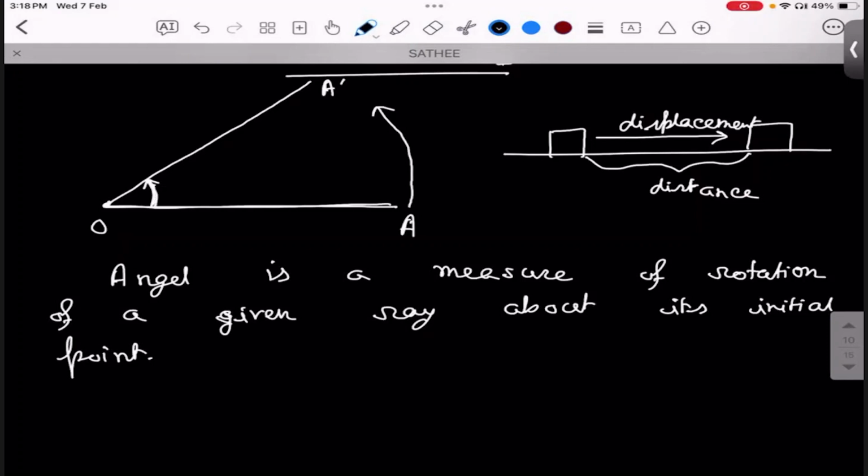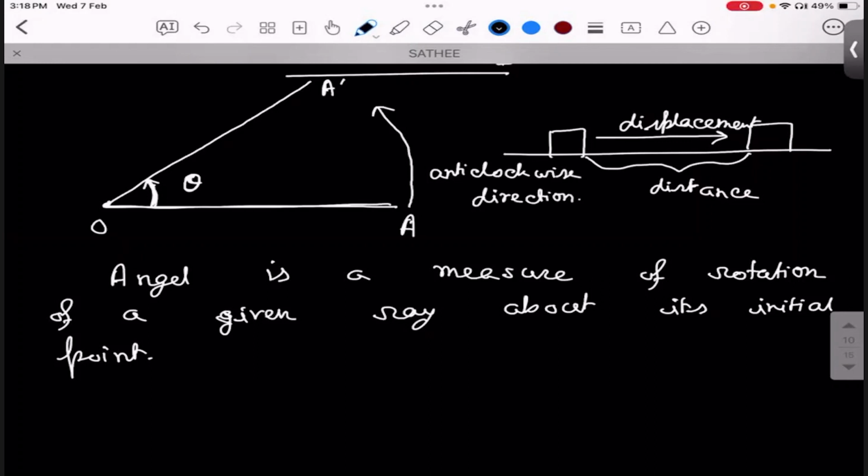Usually any angle is denoted by theta. Any such kind of angle can be denoted as theta. Now check that this movement of the ray was along the anti-clockwise direction.